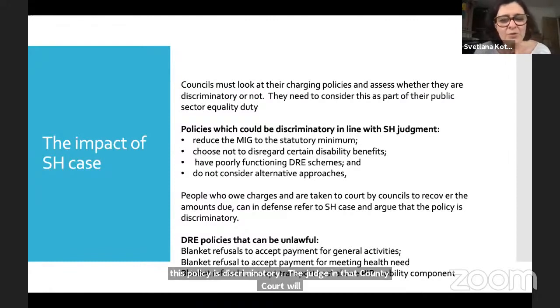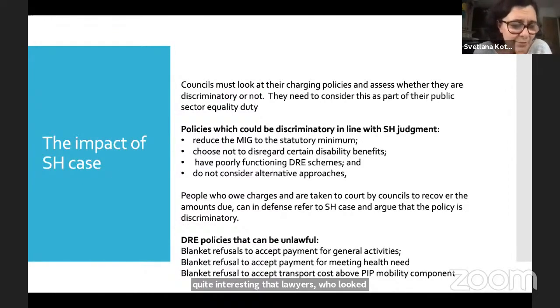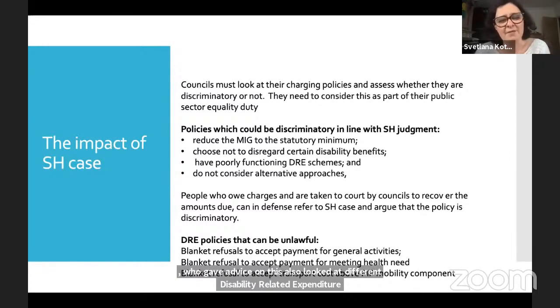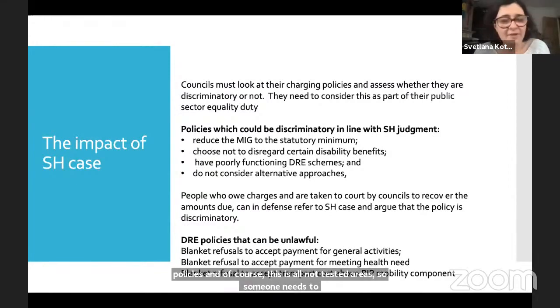And also it's quite interesting that the lawyers who gave advice on this also looked at different disability related expenditure policies. And of course, this is all an untested area, so someone needs to bring a legal challenge to really clarify this.